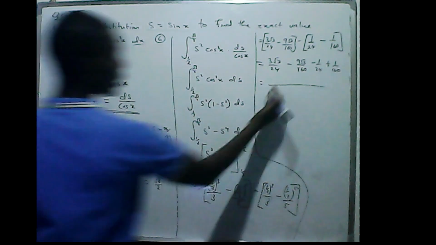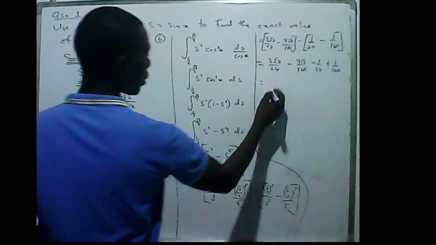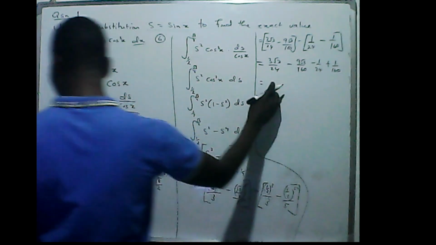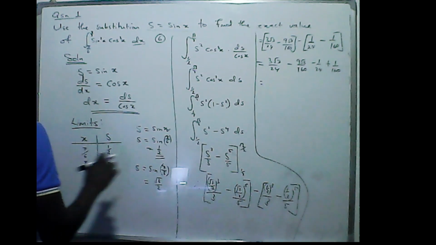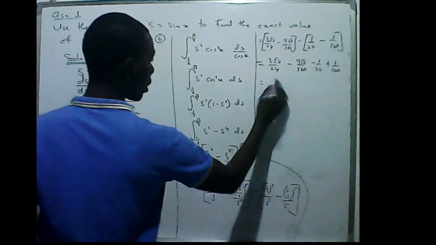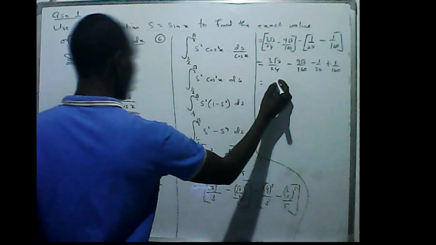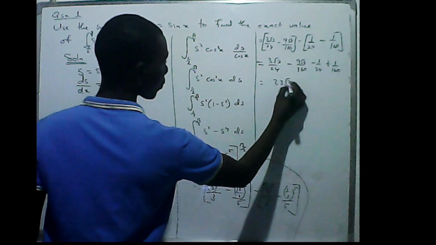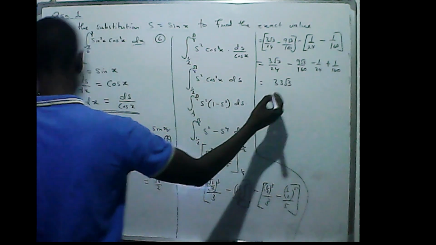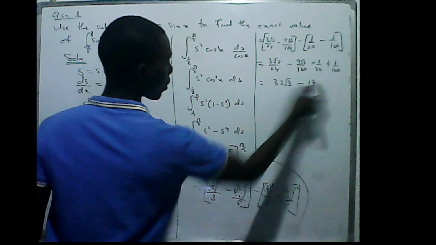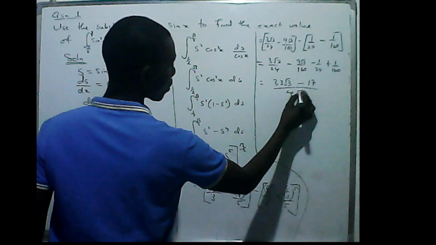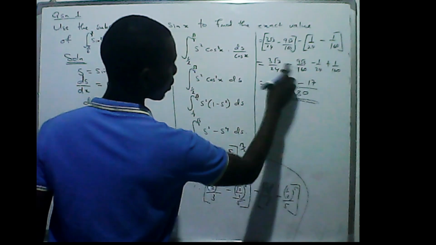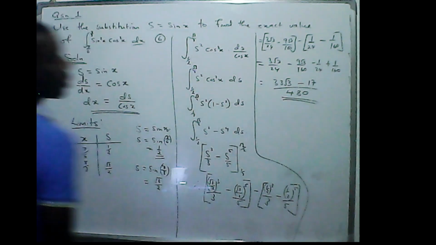Let me just punch the whole thing into the calculator. Here we get 33 root 3 minus 17 all over 480. So we can take 480 as the lowest common denominator.